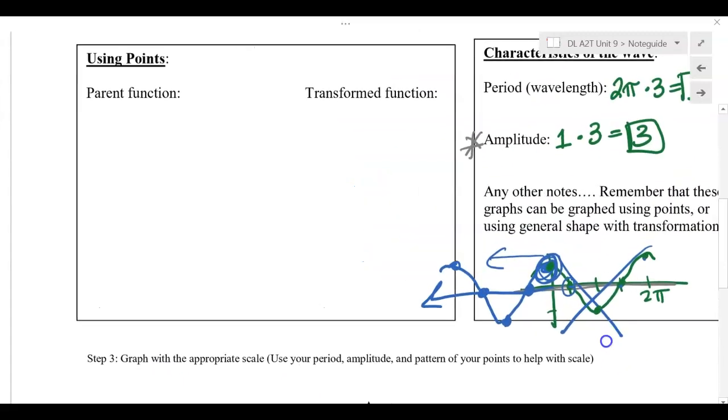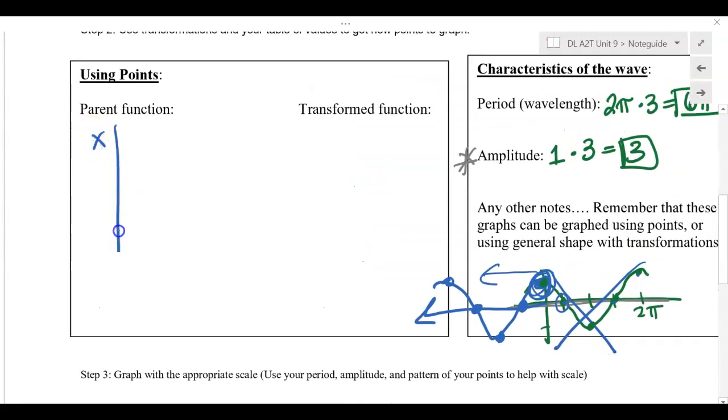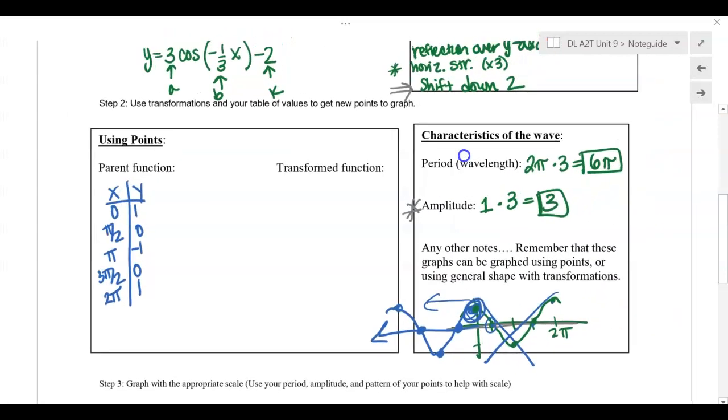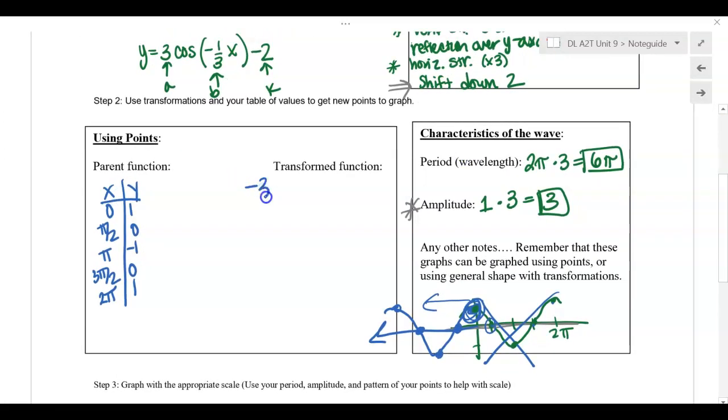And then if you did it by points, you should have seen the same things. And if you have to pause it because my scaling is too fast for you, you can do that. So cosine parent function, it's like this. And the transformations you would do here, horizontally, the reflection and the stretch, vertically, the stretch and the shift.